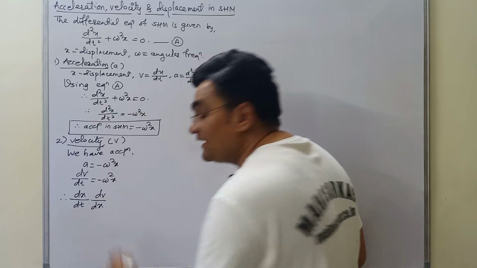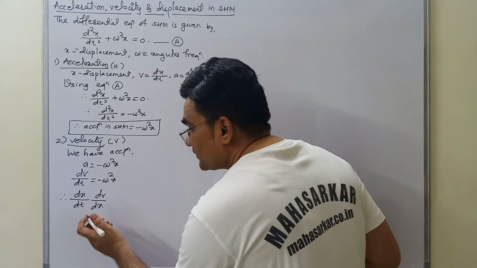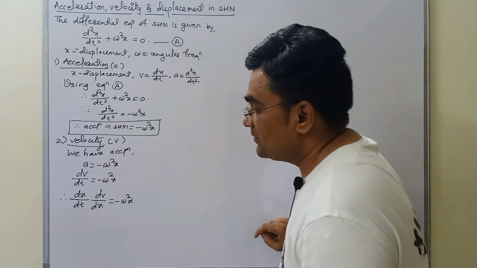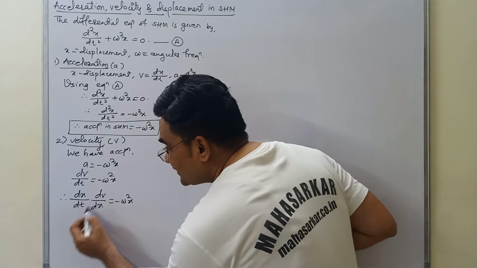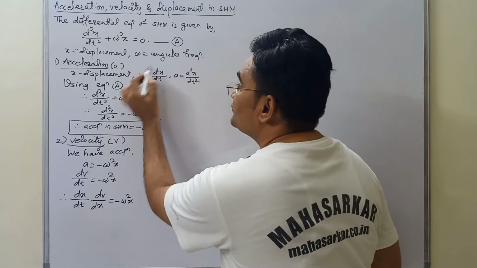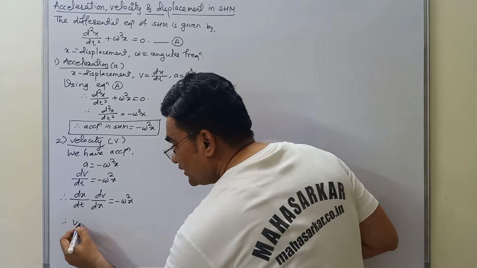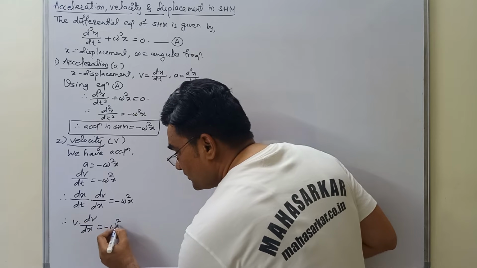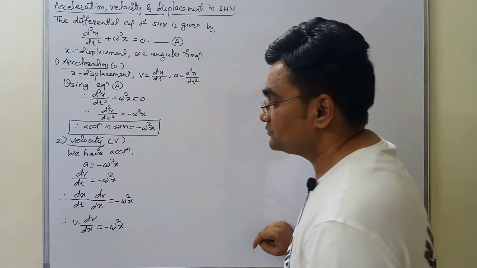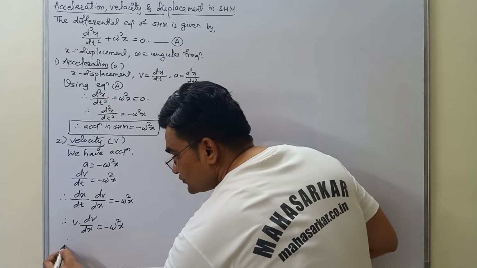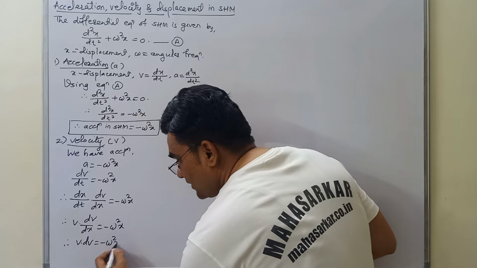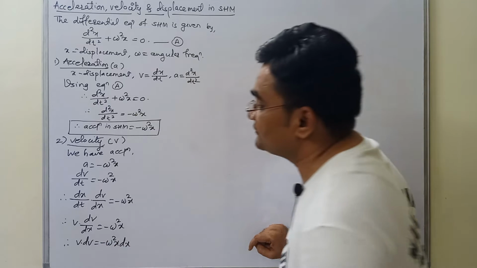So I have adjusted dx here, not dv. Equal to minus omega square x. But as you can see, dx upon dt is nothing but velocity. So I can say v into dv upon dx is equal to minus omega square x. I'll shift this dx, so v into dv equal to minus omega square x into dx.